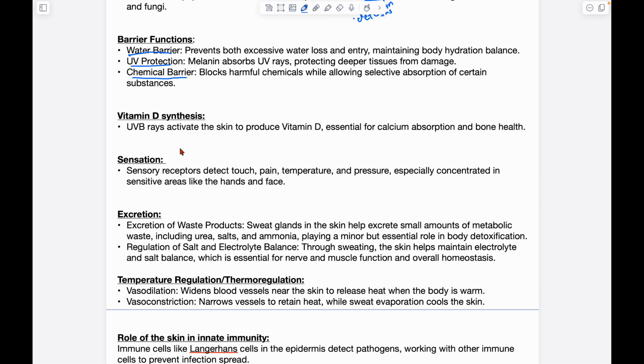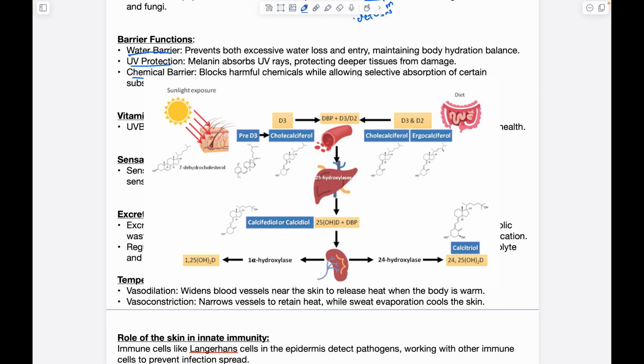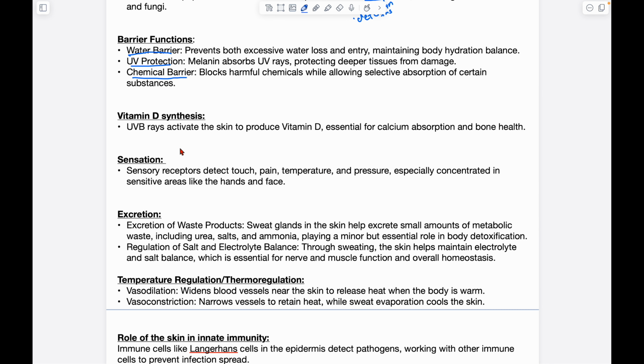Next is vitamin D synthesis. So the skin essentially initiates a process called vitamin D production, which is very crucial for overall bone health, bone density, etc. And UVB rays convert a cholesterol derivative in the skin into vitamin D3, and from here the liver and kidneys process it into active vitamin D, which is necessary for calcium absorption in the bones and makes them more dense, more strong, and also supports skeletal strength, essentially.